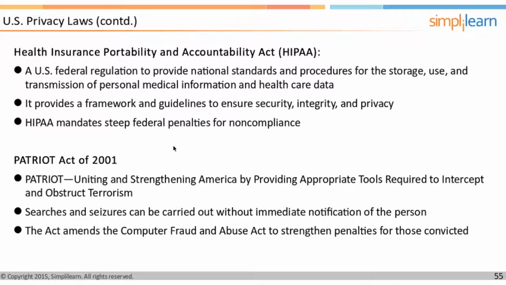There are administrative controls, technical controls, and physical controls to ensure that all of this information is protected. And any breach of this law results in huge penalties. Huge penalties.